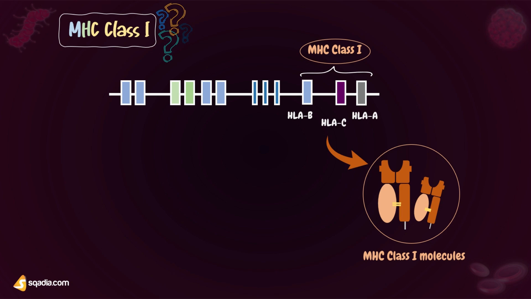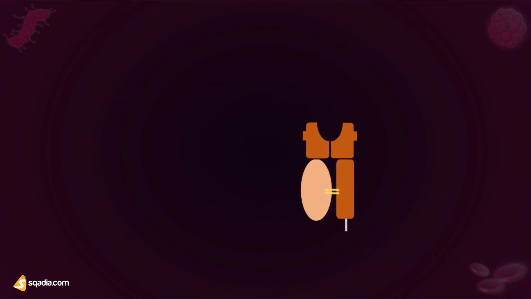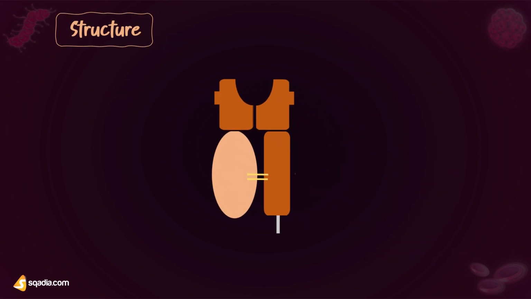Now, if we look at the structure of MHC Class I molecules, we get to know that Class I molecules are non-covalently associated heterodimers. That means it is made of two polypeptide chains that differ in composition.